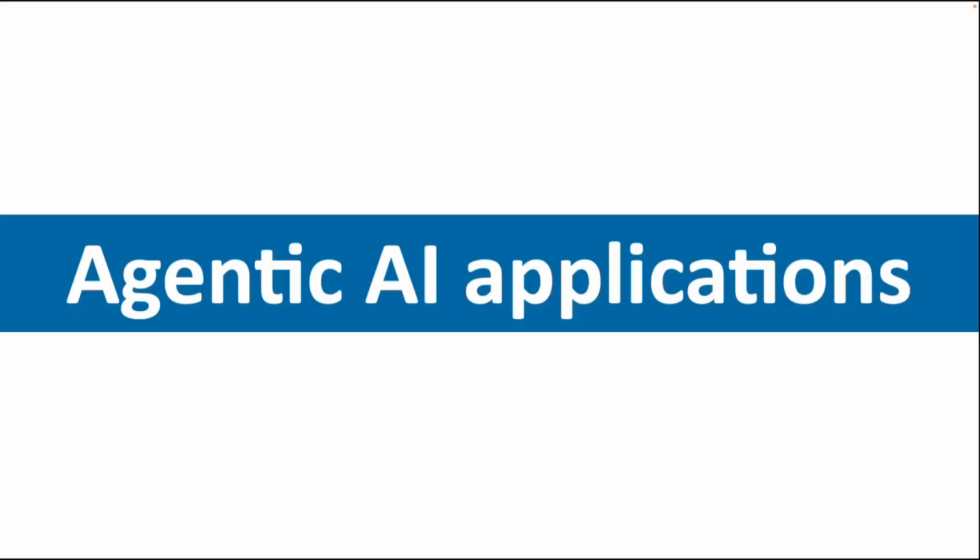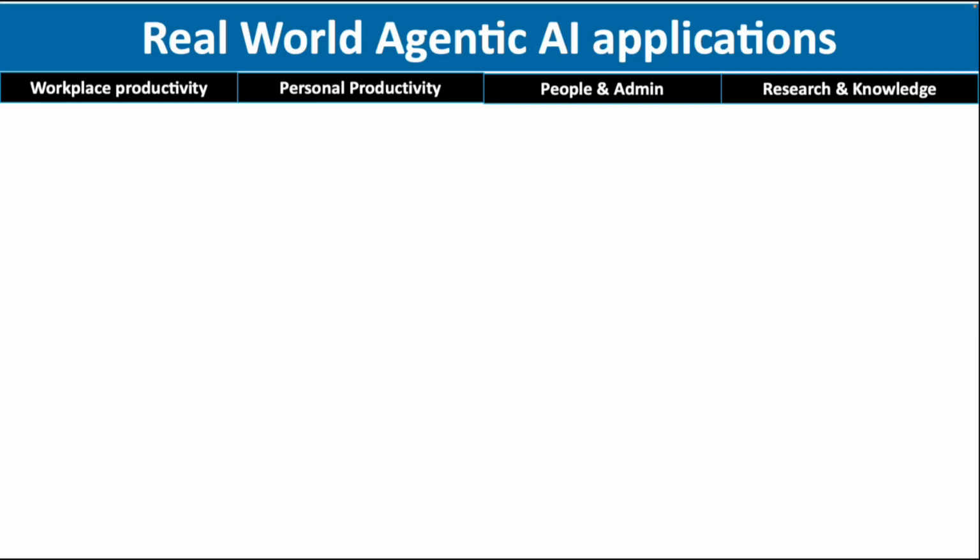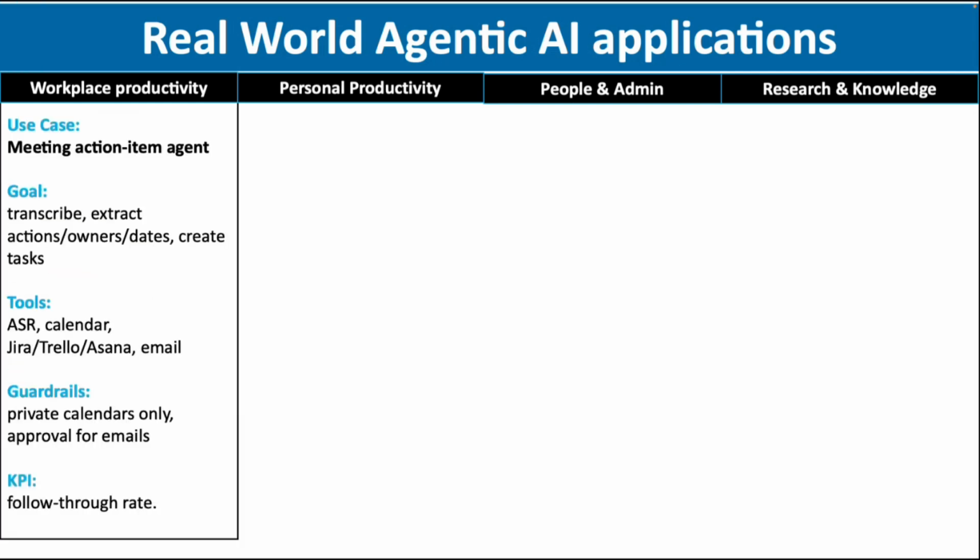Let us look at some real world applications which are candidate applications for agentic AI solutions. Workplace productivity. Here you can think of a use case like a meeting action item agent, where the goal is to transcribe and extract the action owners, the dates, and the risks, kind of creating an MOM of the meeting.